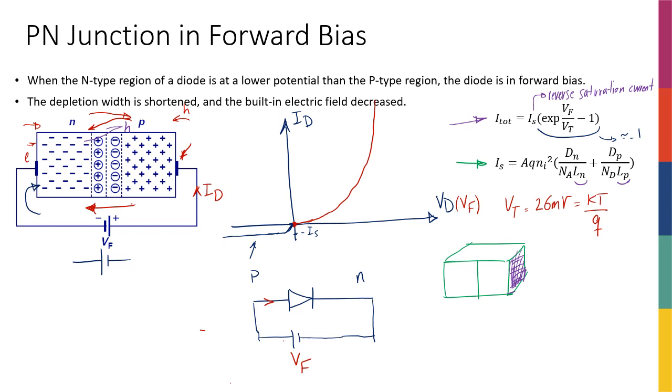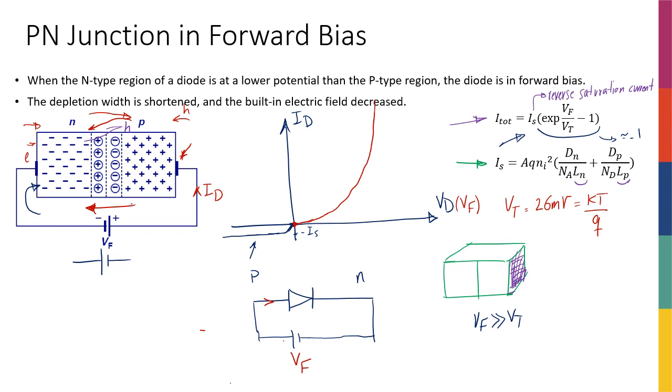One last thing is that, looking at this equation from the mathematical point of view, we can see that if Vf becomes much greater than Vt, then you can comfortably say that e to the power of Vf over Vt is much greater than 1. Therefore, I can ignore the 1, right?